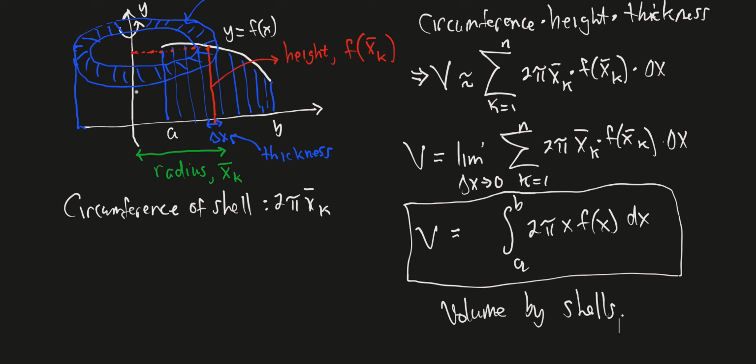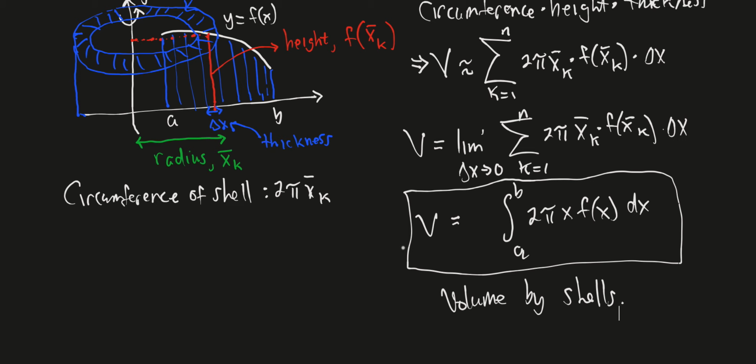The shell method doesn't require us to do that. It means we can take our function, which might just be given in terms of x, and our limits are on the x-axis, but if the revolution is about the y-axis, the shell method in many instances gives us an alternative approach where the algebra might not be as difficult.